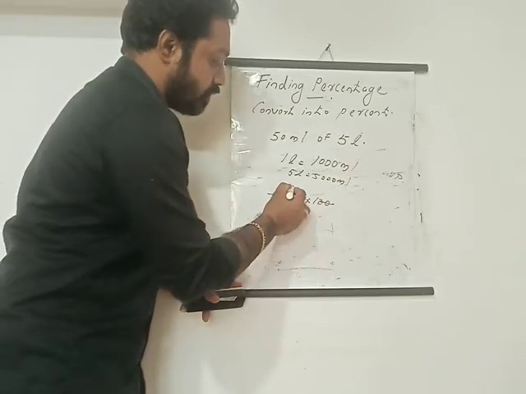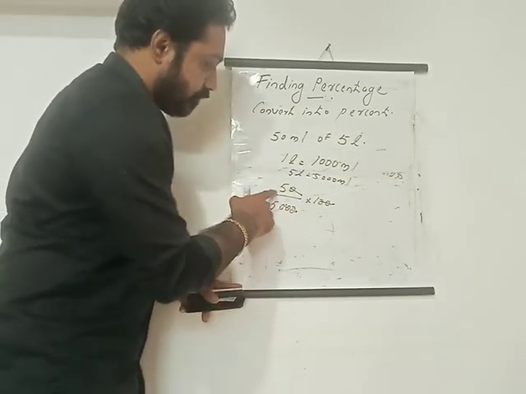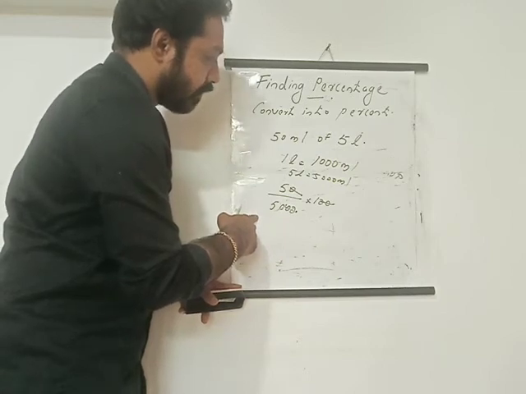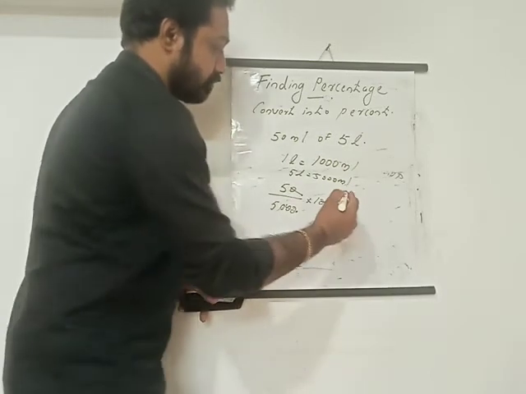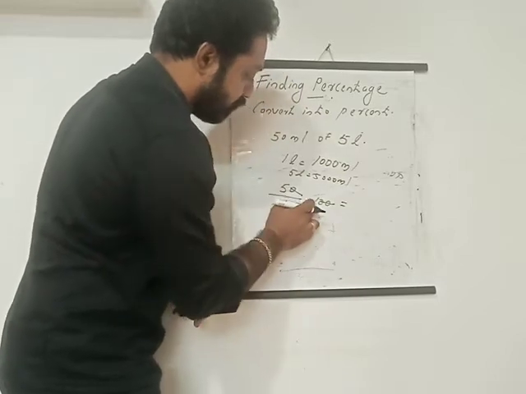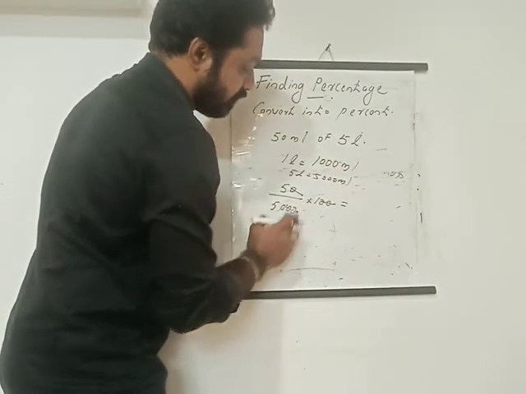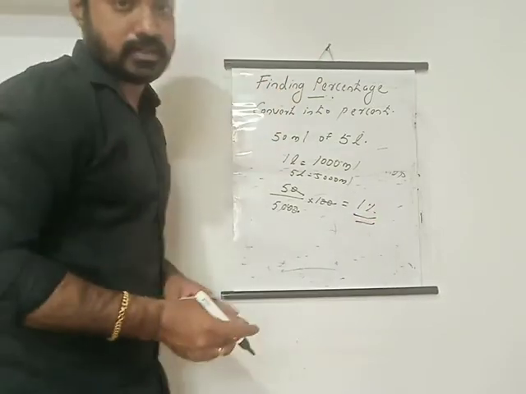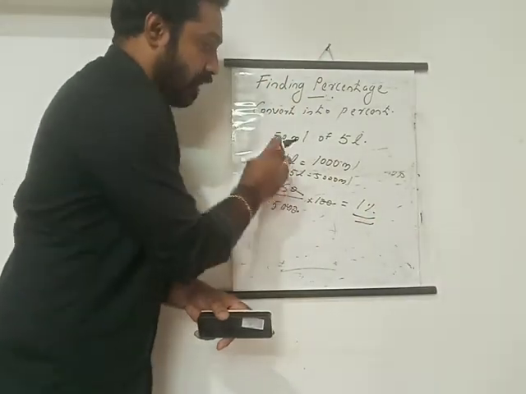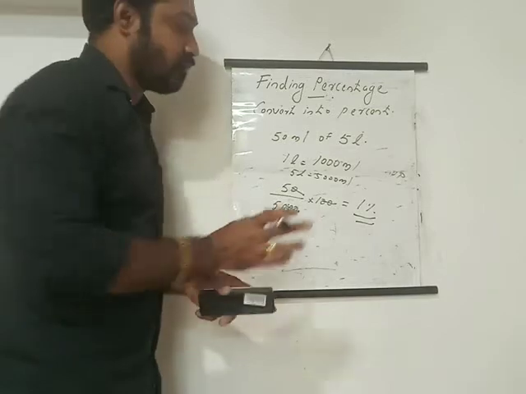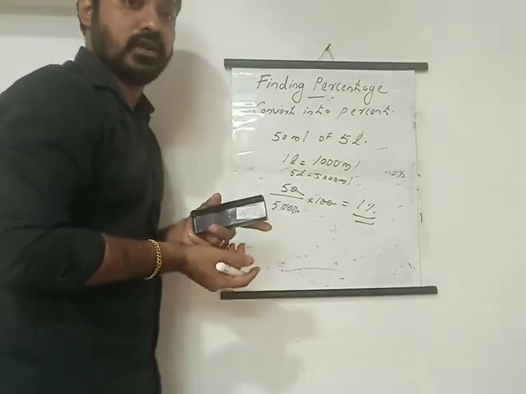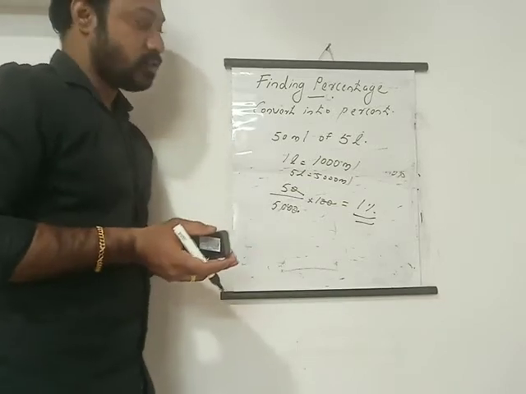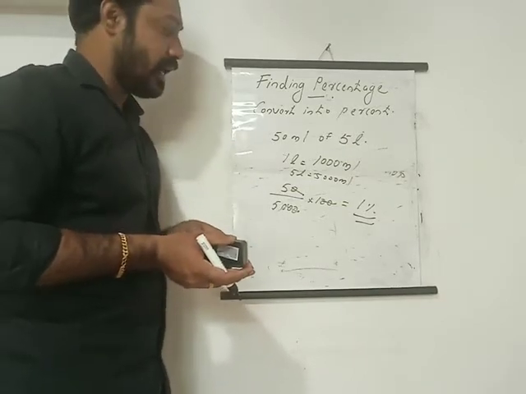Now 5 by 5, which is 1. 1% is the answer. In 5 liter, 50 ml is only 1% of it. It is very small: it is 5000 ml and this is 50 ml. So you will get the answer like that.